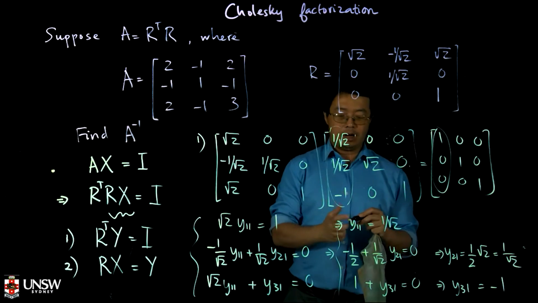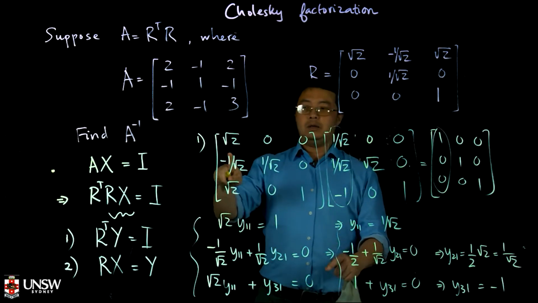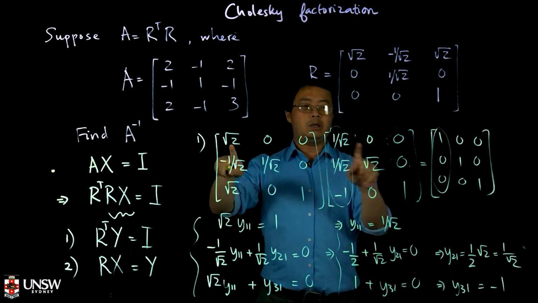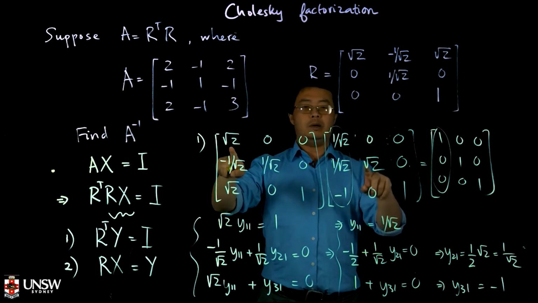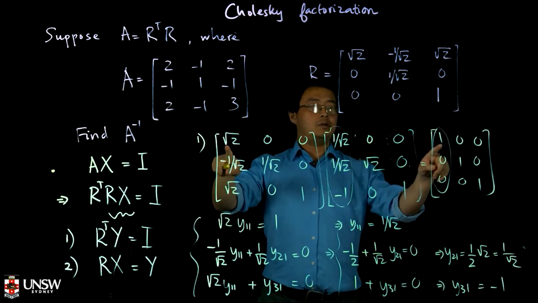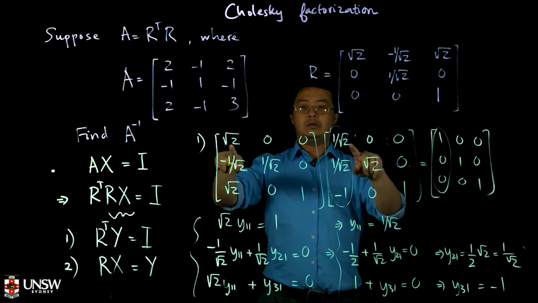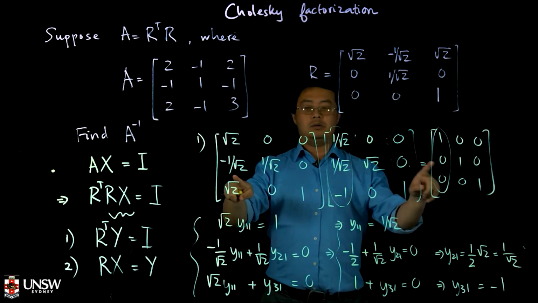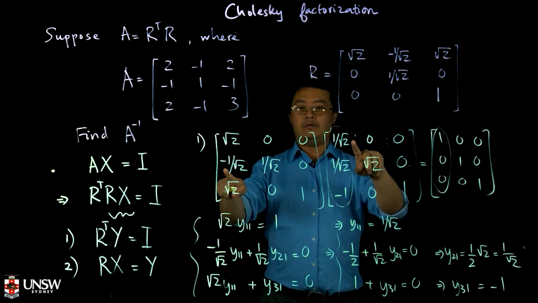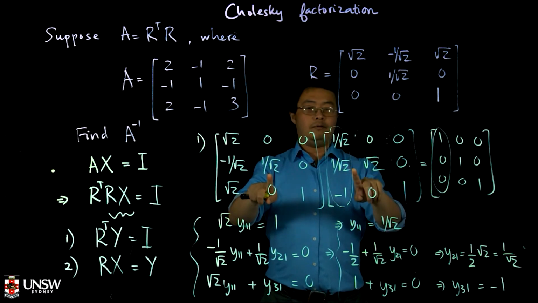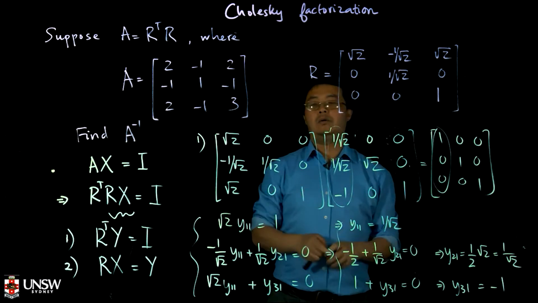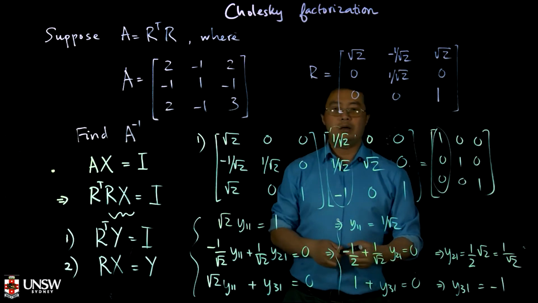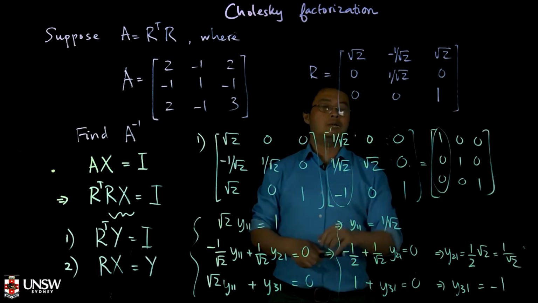You can verify that if you multiply this matrix with this matrix, you get the identity matrix. For example, the first entry: you get 1, then 0, 0, giving 1. And this one: minus a half, plus a half, and 0 gives 0, and so on. So you should get the matrix Y like this.